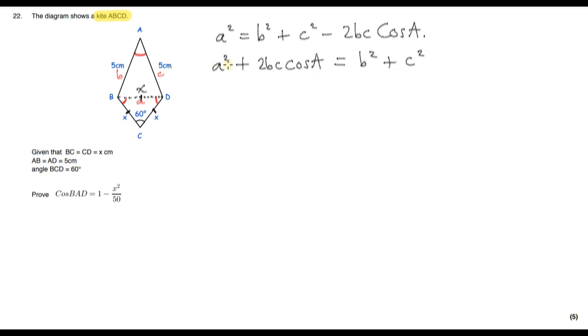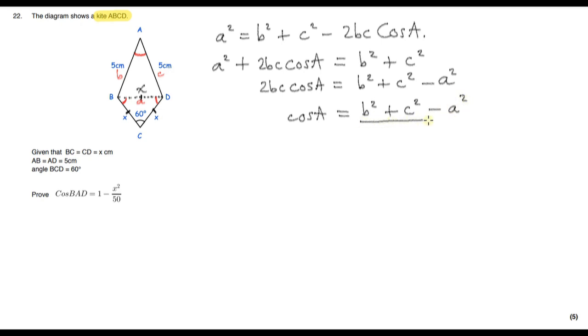Now I'm going to subtract a squared from both sides, so I'm left with 2bc cos A equals b squared plus c squared minus a squared. And now I want cos A on its own, so I'm going to divide both sides by 2bc. So cos A is equal to b squared plus c squared minus a squared, all of that over 2bc.